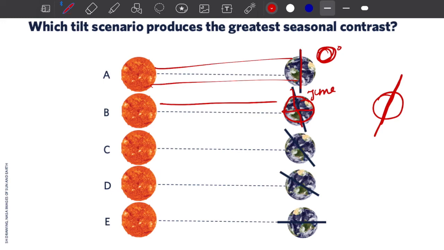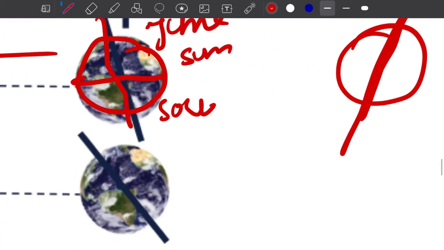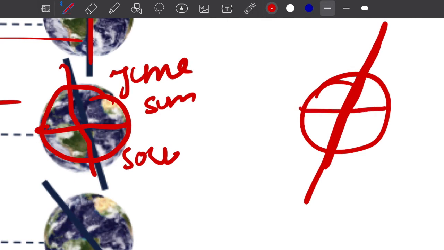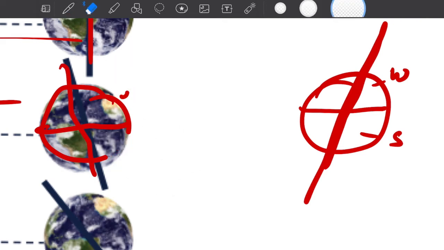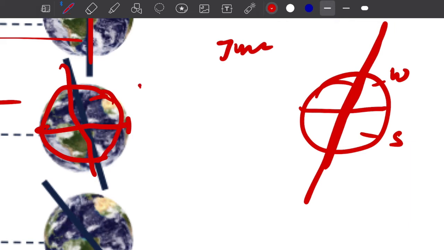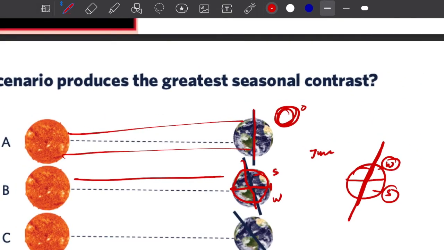In June, in the northern hemisphere we have summers, and in the southern hemisphere we have winters. But 13,000 years back, in the northern hemisphere we had winter, in the southern hemisphere we had summer. It's just opposite. It is the month of June. Here we have summer, here we have winter, while here we have winter, here we have summer.